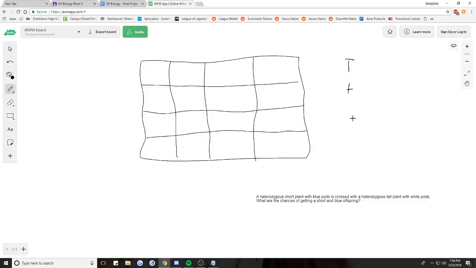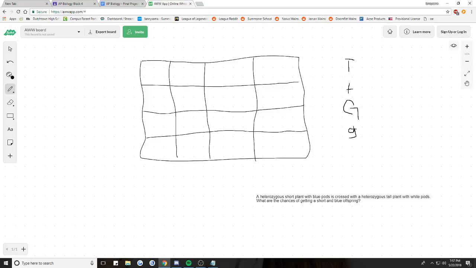And since the blue pods is the dominant one, you could use capital G, and since the white pods is the recessive one, you would use lowercase g. So this would be tall, this would be white, this would be short, this would be blue, and this would be white.